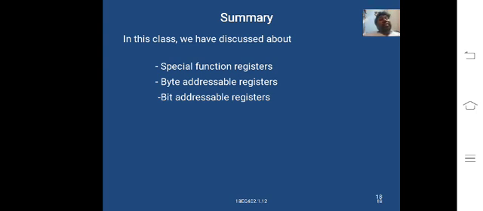These are the special function registers discussed in the class. The byte addressable registers, such as TCON and PSW, were also discussed.